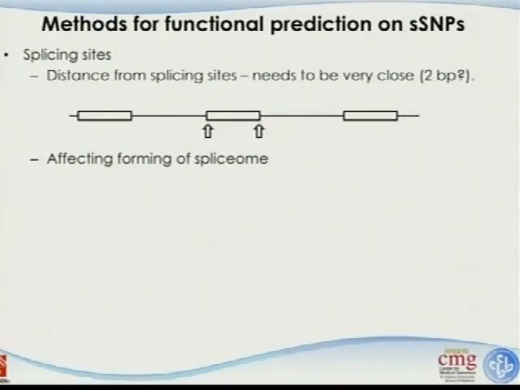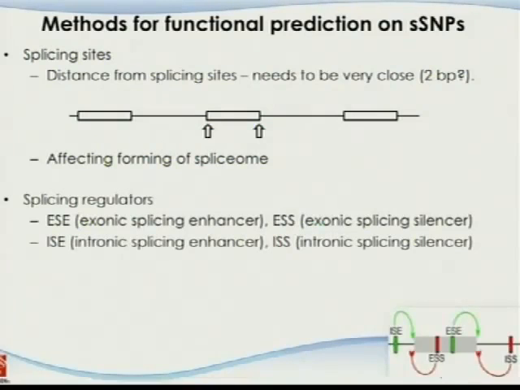So it's maybe just 2 base pairs away from the junction. Those are the regions where the spliceosome forms to conduct the splicing process. If those are messed up, this exon will not be accurately spliced.